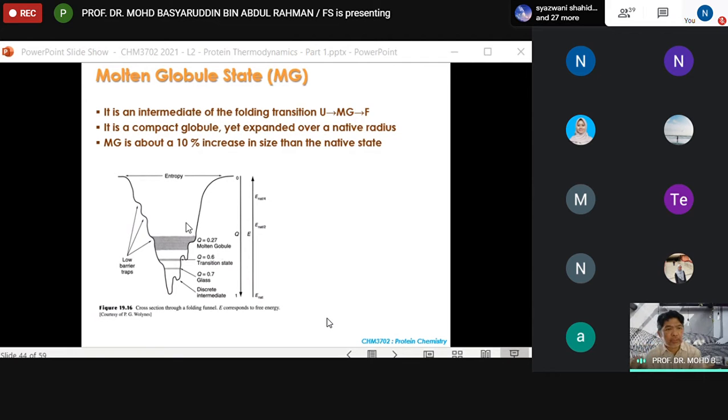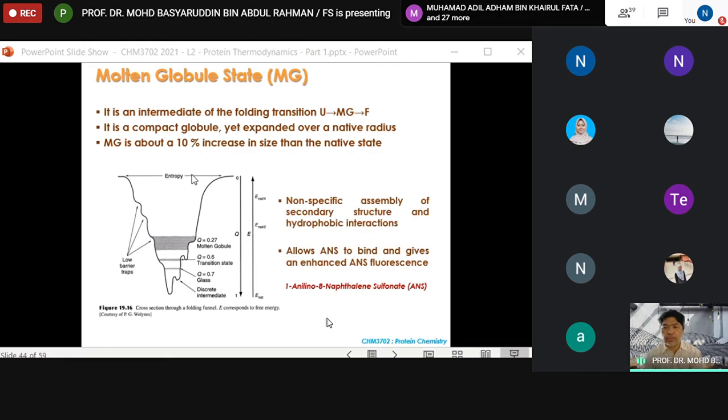So the molten globule, which after this I will just refer to as MG, is believed to lack the close packing of amino acid side chains that characterizes the native state of a protein. Then we also see that the transition from a denatured state to a molten globule may be a two-state process, as suggested, which we're going to discuss later on.